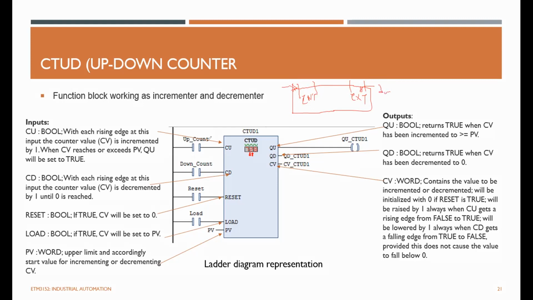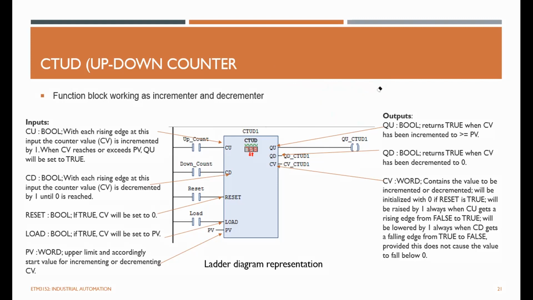Then you can determine the number of people inside the supermarket. Whenever a person enters, it counts up, and when someone leaves, it counts down, so the output will display the number of people inside the supermarket, right? That's a pretty simple example of an up-down counter.